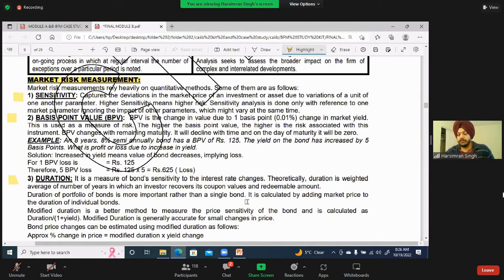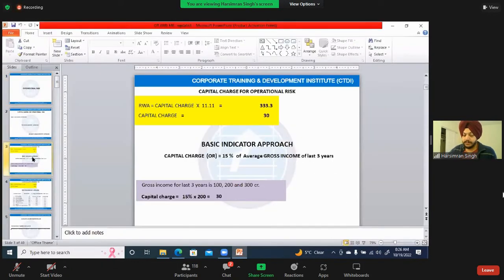What is sensitivity? Now those people who have joined us in BFM, you will remember one same plain concept. What is a bond? Let me tell you first.